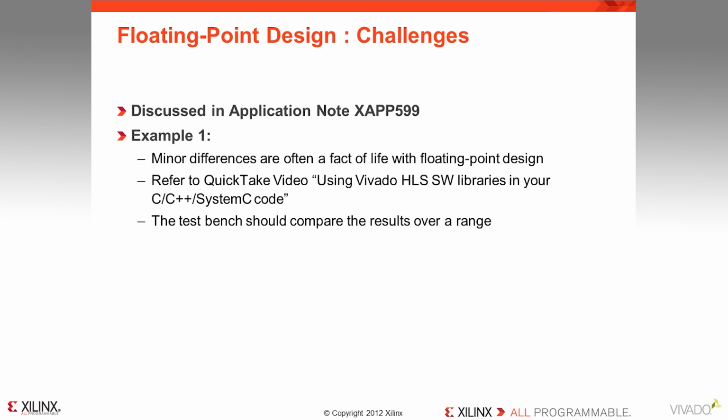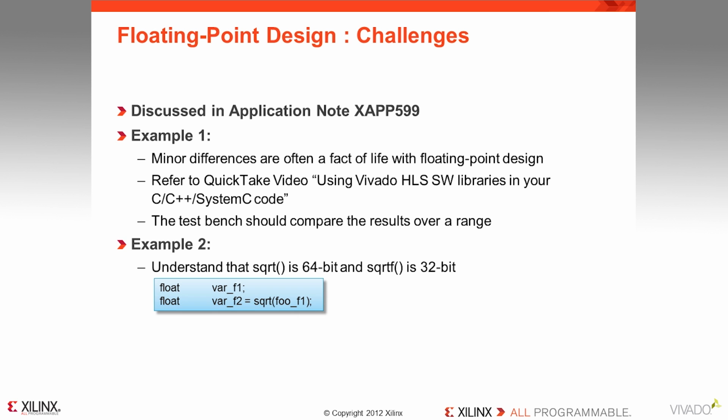As another example, it's important to be aware of the differences between single precision and double precision functions. In the following C code example, variable var f1 is used as the input to a square root function and the output is assigned to variable var f2. Both variables are of float type, but in C, the square root function sqrt with no f suffix is a double precision function.